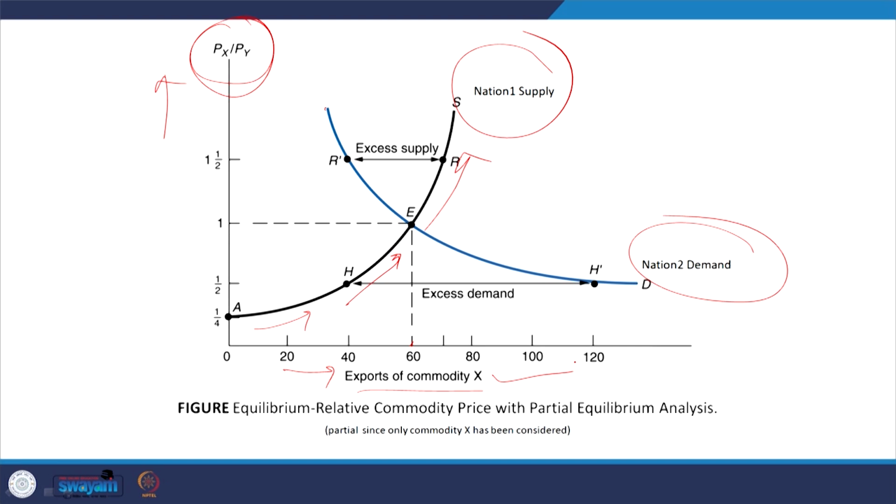Given that, when Px by Py is 1/4, the relative price of X is 4 times lower than the relative price of Y. In this context, nation 1 is not exporting anything. Now, at a higher price, when it is double, 1/4 to half as we have already seen in the previous diagram, nation 1 will be more motivated to export.